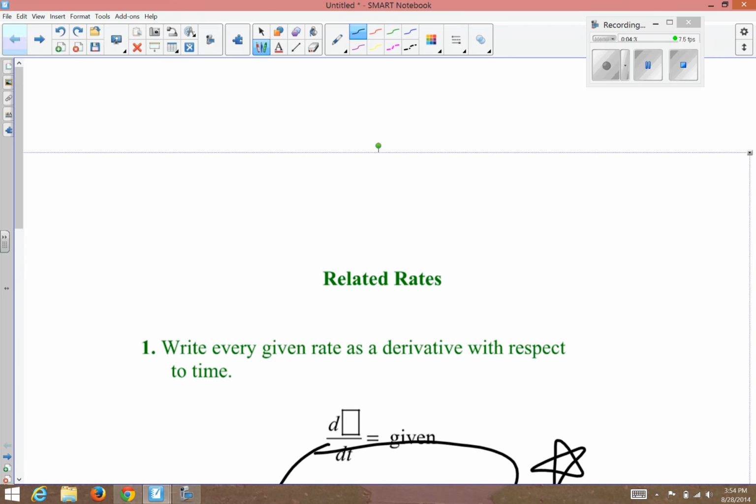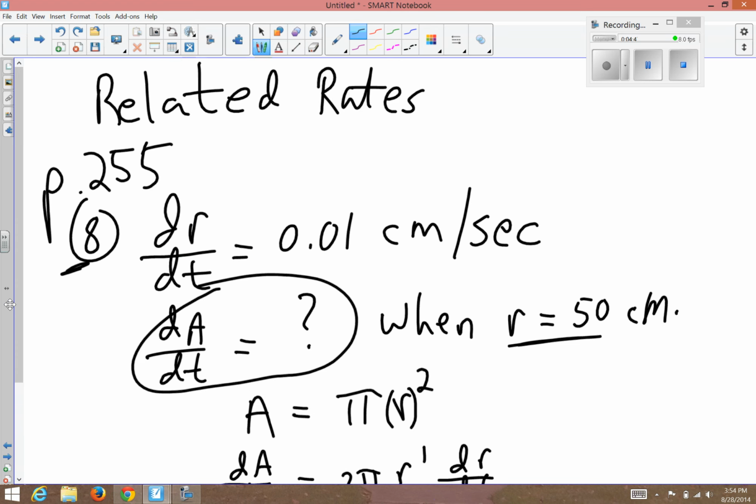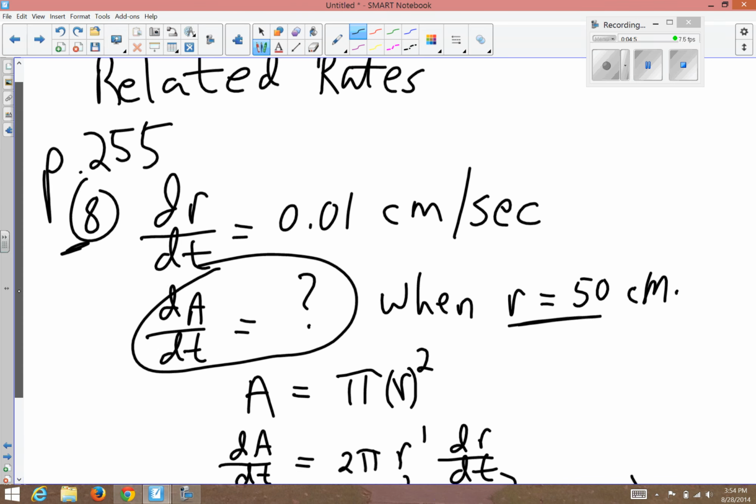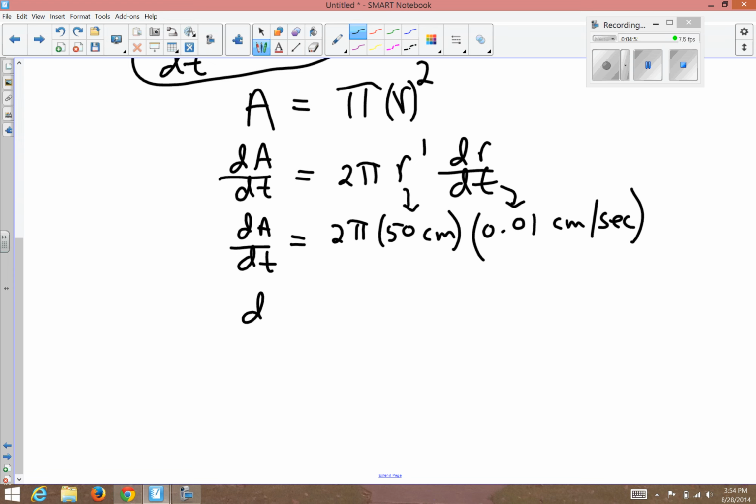So look at the next step and you'll see it is solve for the unknown rate and label the answer with appropriate units. Step 7, solve for the unknown rate. In this case, that would mean just simplifying this over here, because dA/dt is already solved for.